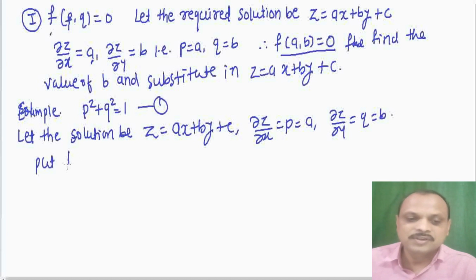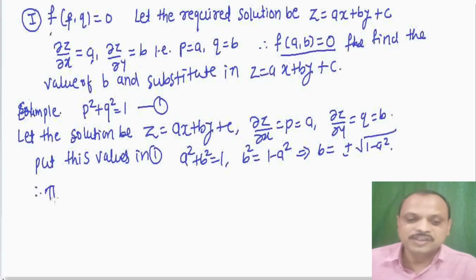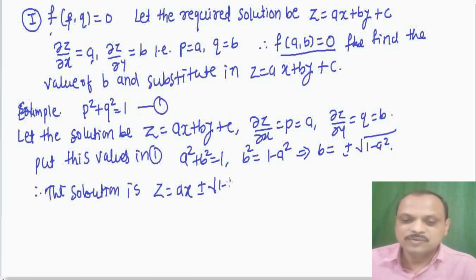Put these values in 1. So we get a square plus b square equal to 1, b square equal to 1 minus a square, or b equal to plus minus under root of 1 minus a square, and hence the solution of this equation is z equal to ax plus minus under root of 1 minus a square y plus c.